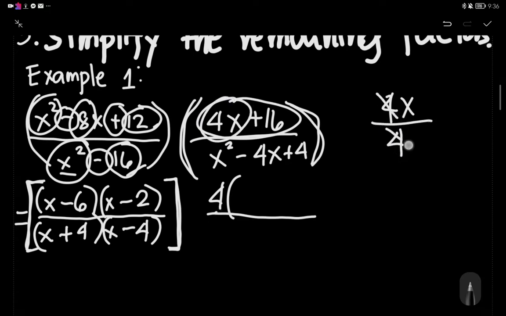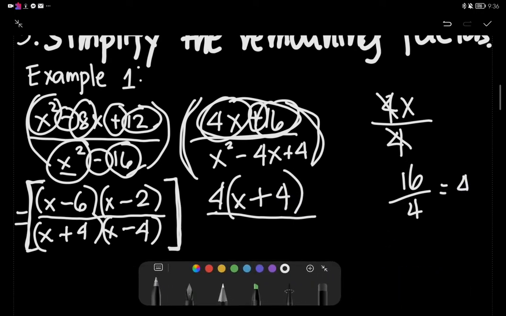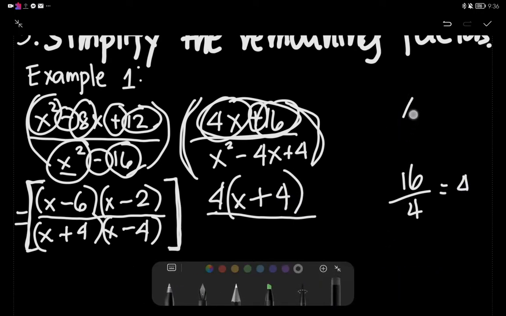Common si 4, we can cancel that out. What remains is x. And the sign of the binomial is positive, so we copy. And here we have 16. 16 divided by 4, that is 4. So what remains here is 4. Let's clean this first para maklaro.